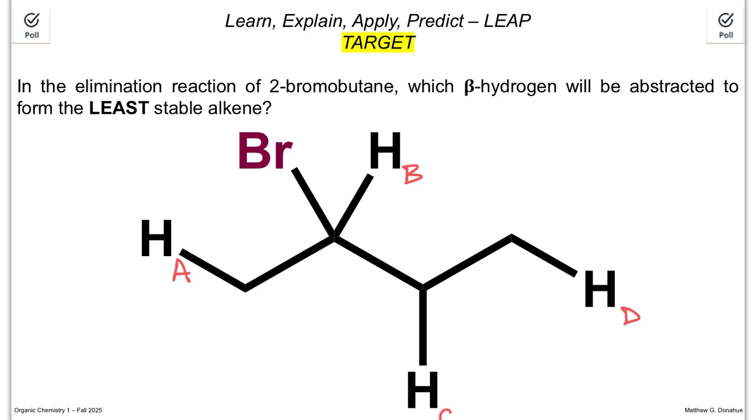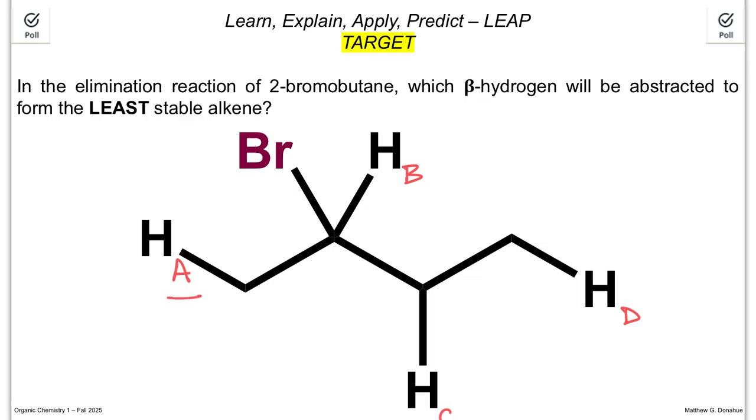So it says which beta hydrogen will be abstracted to form the least stable alkene. So what do you think it is?